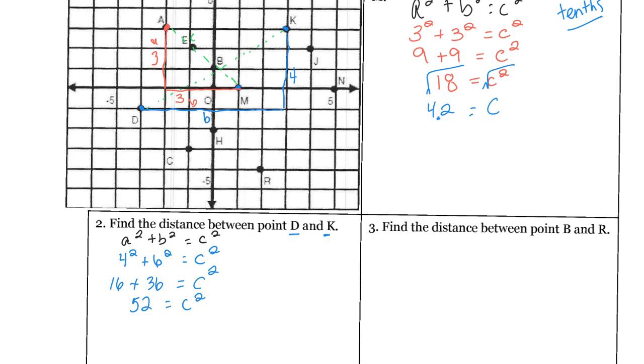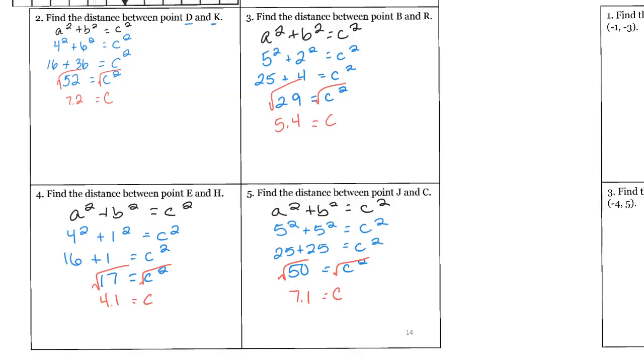Then we take the square root of both sides, and C, again rounded to the 10th, is 7.2. All right, I'm going to ask you to do 3, 4, and 5 all on your own. So pause, and when you're done with those 3, unpause for me.